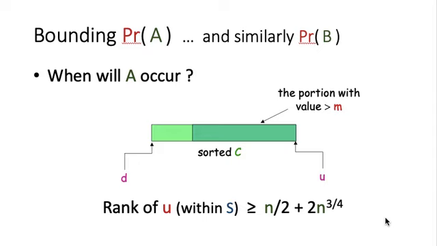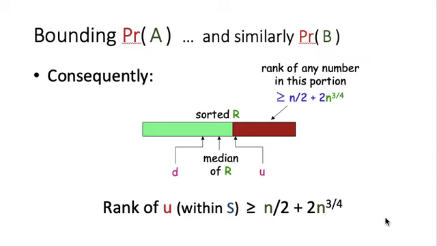Now remember how we select U. U was supposed to be close to the median. U was selected to be some number close to the median of R. So if U is such a large number in the whole set, that means in the R that we have selected, we are selecting many large numbers rather than only a few large numbers that we expect.